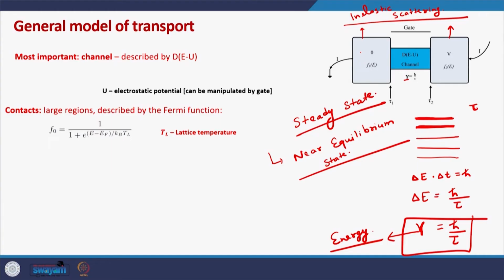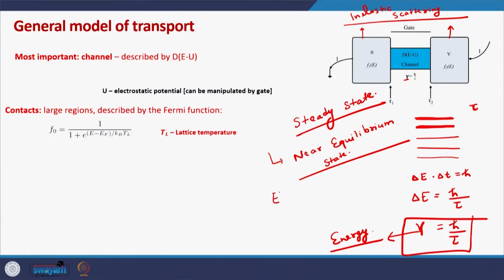And because the contacts are large, even if some electrons go from contacts to the channel, or some electrons come from the channel to the contact, it will not change the population of electrons significantly in the contacts, because there is already a huge population of electrons in the contacts, and no significant change in population takes place because of the electron flow.